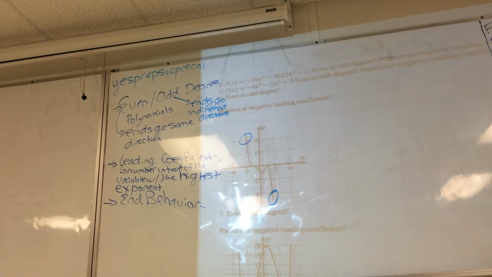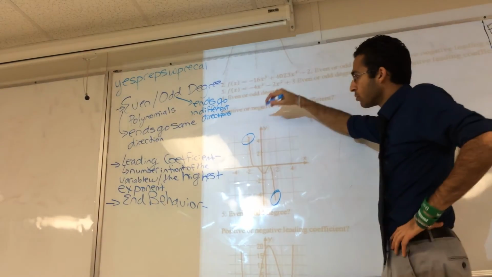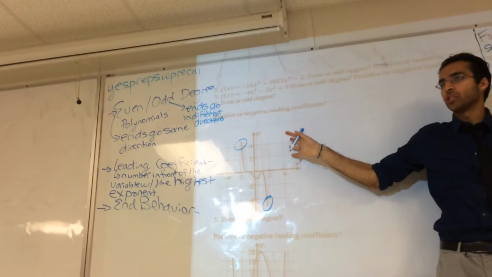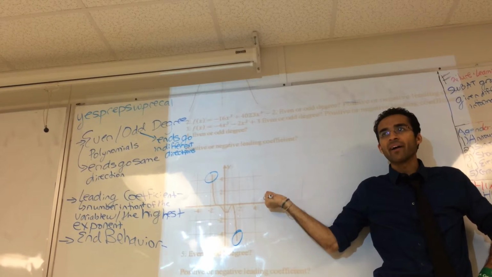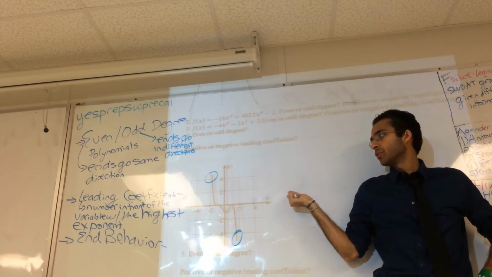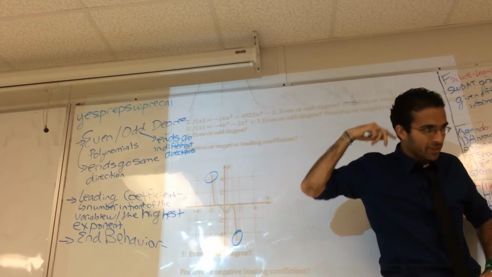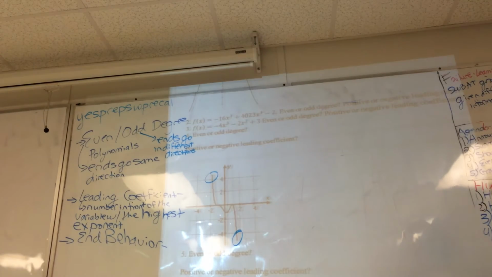I'm not sure. It has to be the one with the largest exponent. That is true, but we don't have an equation here, so I don't know what the largest exponent is. But how can I, just looking at the graph, determine what the leading coefficient is? We said on the previous problem, if the positive end goes up, the leading coefficient is positive.